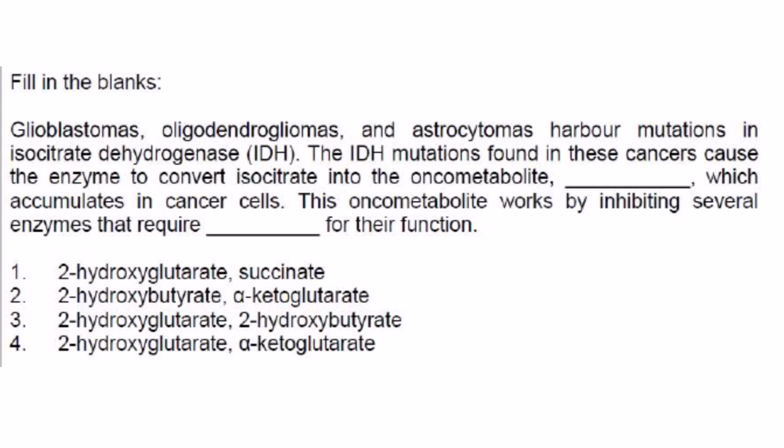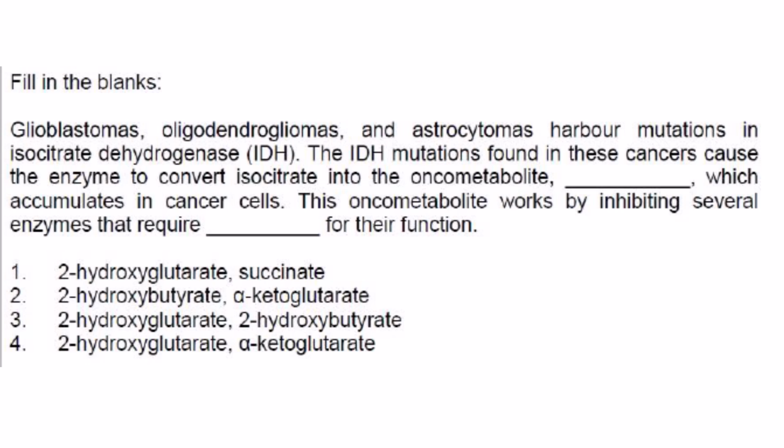Okay. Now, what will happen in these cancer cells is that they will have this isocitrate dehydrogenase gene mutation. So the isocitrate dehydrogenase that is produced from these mutated genes will have different catalytic activity.